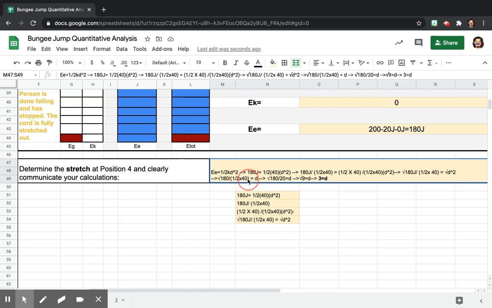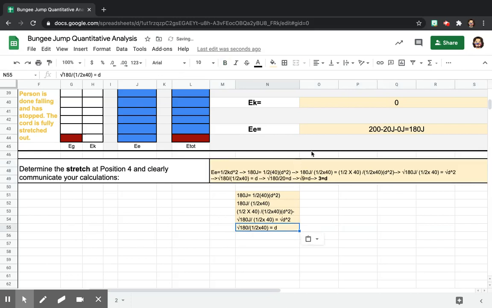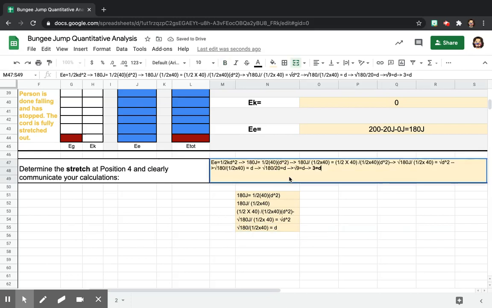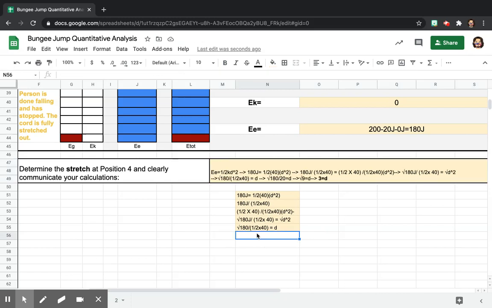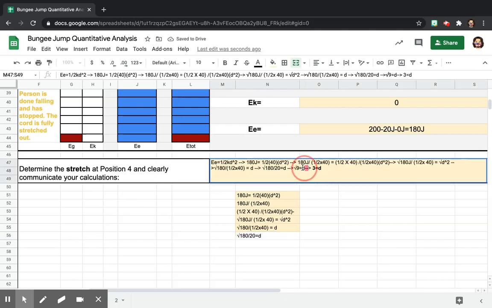So we're here, but essentially I started with elastic energy. I used the equation and I took it one step at a time until I was left with just square rooting.